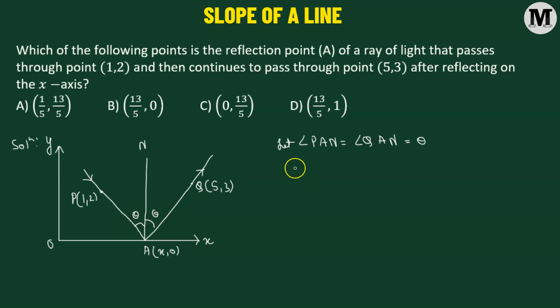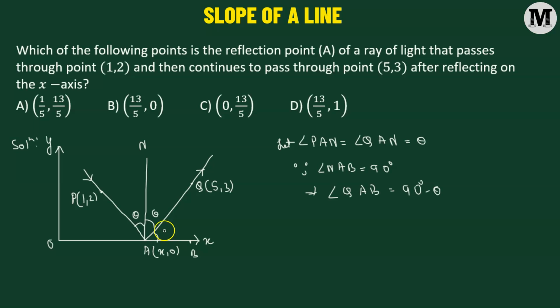Now, let's call this point B. Since we know that angle NAB equals 90 degrees, this implies that angle QAB measure is going to be 90 degrees minus theta.